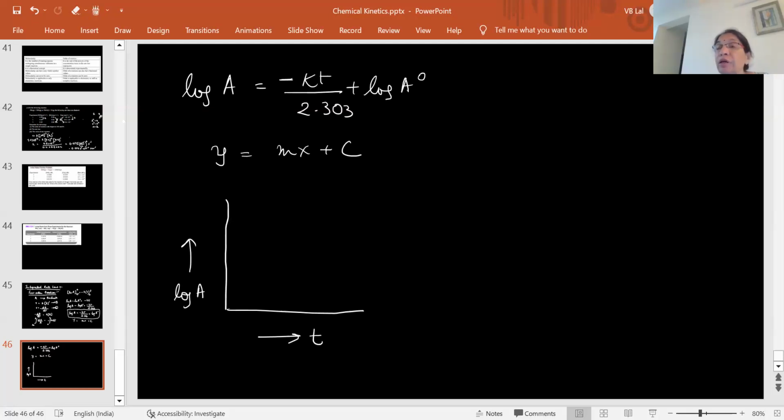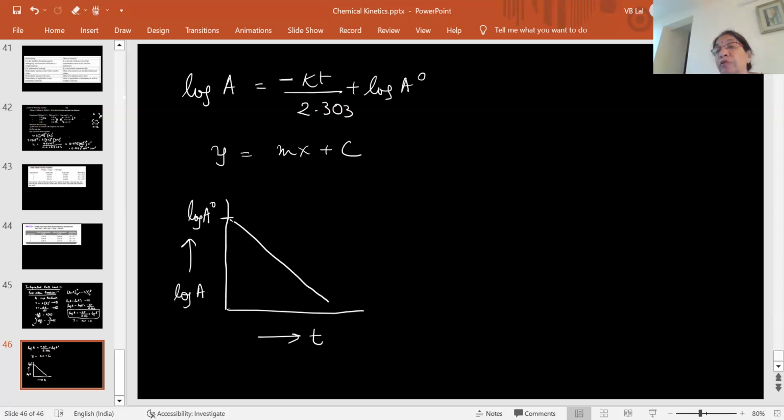Okay, what is t here? Time. I will take t. Then this line will be a straight line with a negative slope. And where the line cuts the y-axis, that will be log A0.